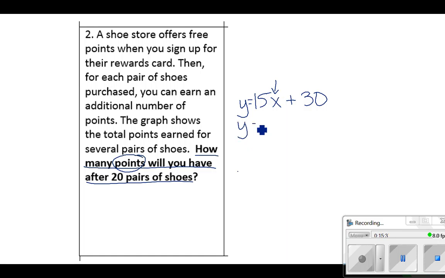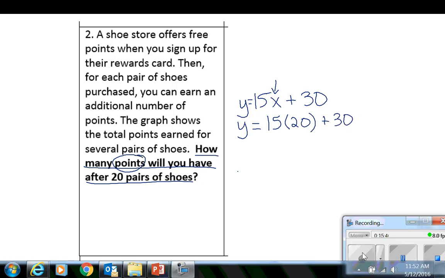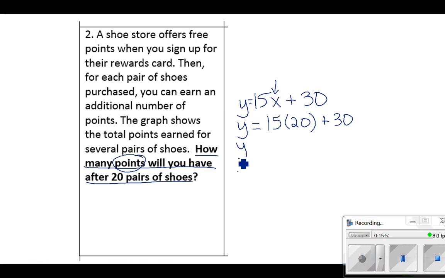So y equals 15 times 20 plus 30. So we only have to multiply 15 and 20 and then add 30 to get this one. When you multiply 15 times 20, you get 300. And you add 30 to that. So y equals 330. And that means that you would have 330 points.